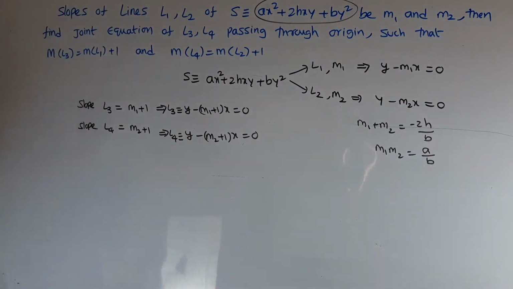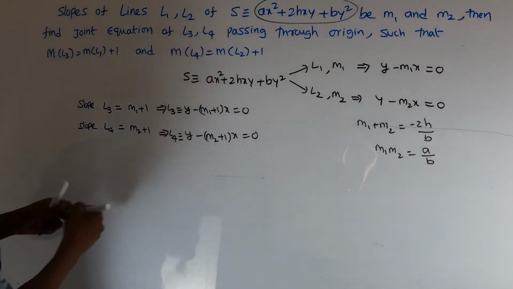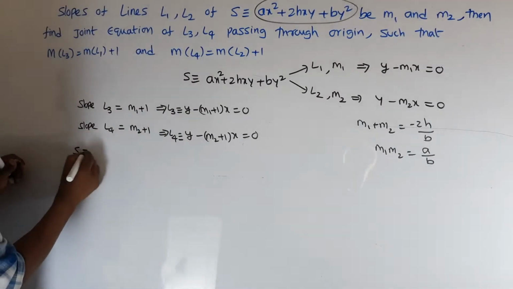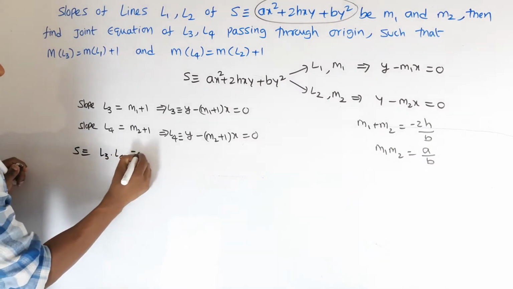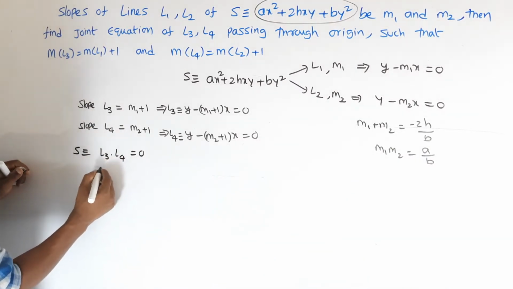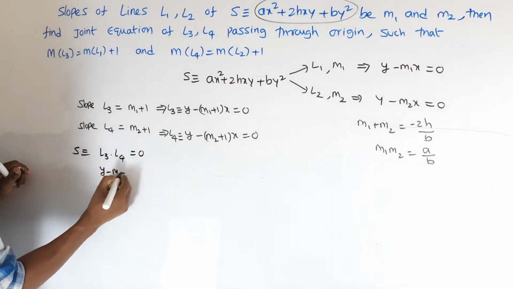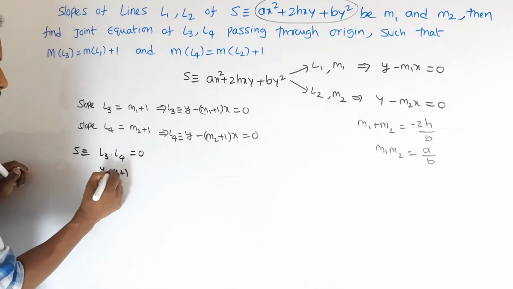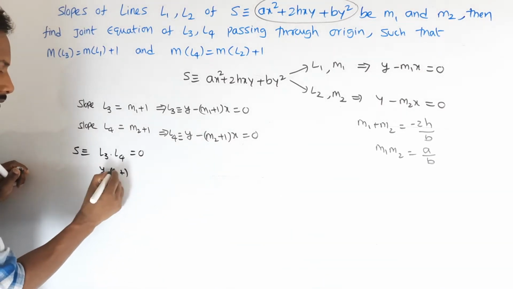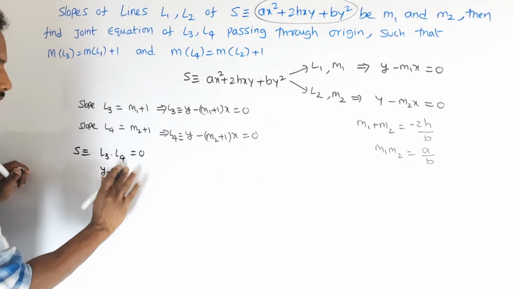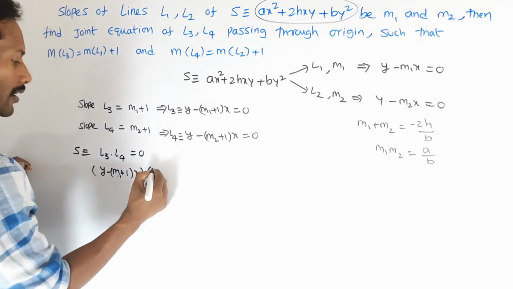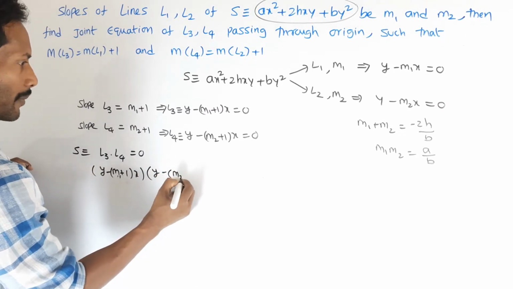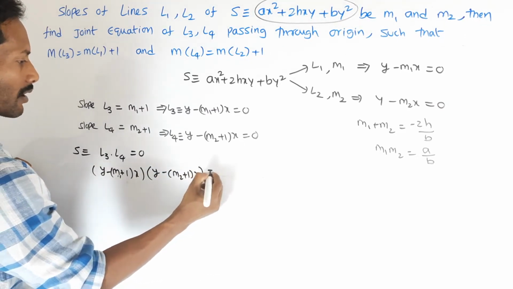Now the question is the joint equation of L3 and L4. The joint equation is L3 line into L4 line equal to 0. That is, y minus (m1 plus 1) into x, into y minus (m2 plus 1) into x, equal to 0.